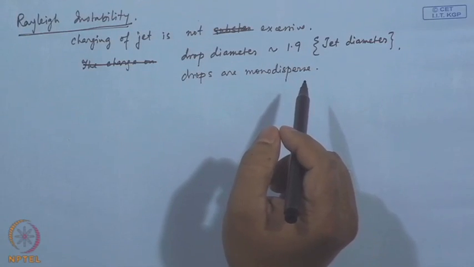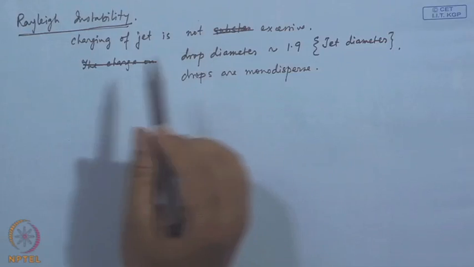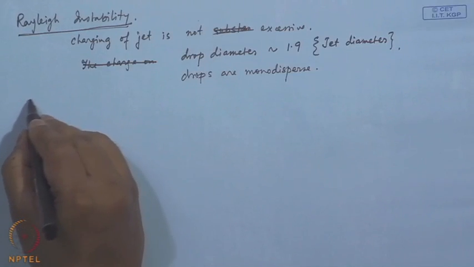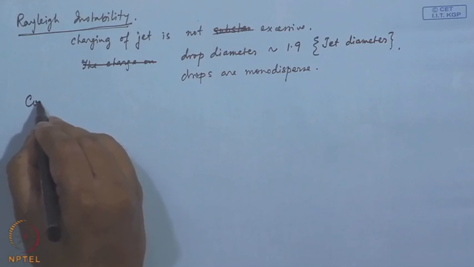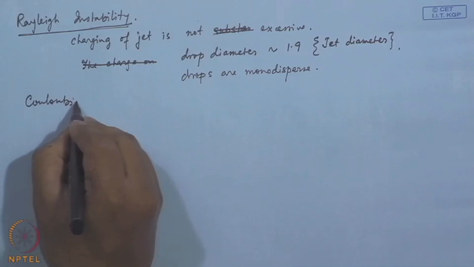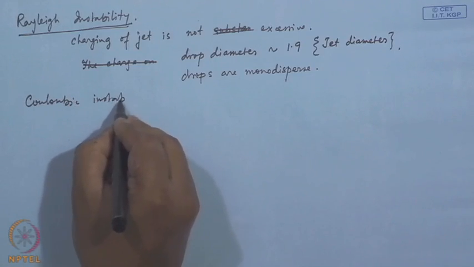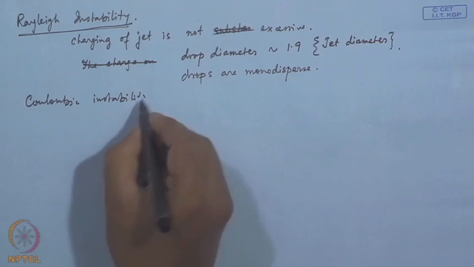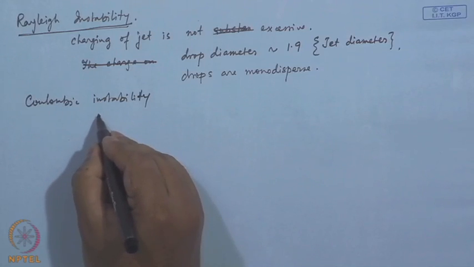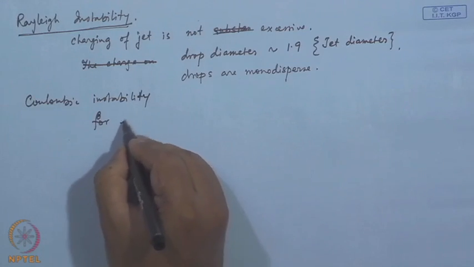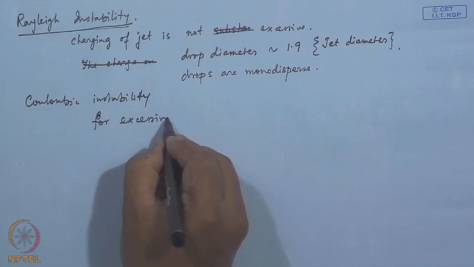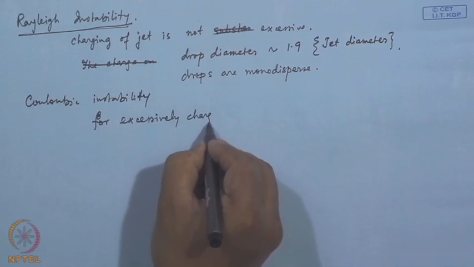The other type of breaking is referred to as Coulombic instability. This is for an excessively charged jet.